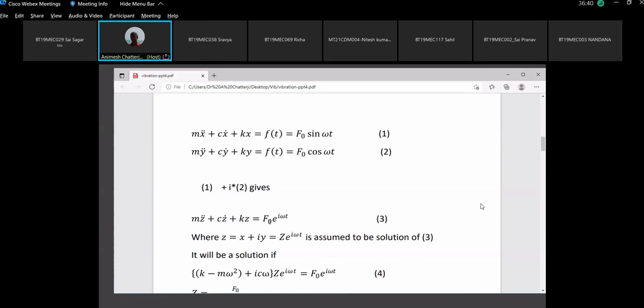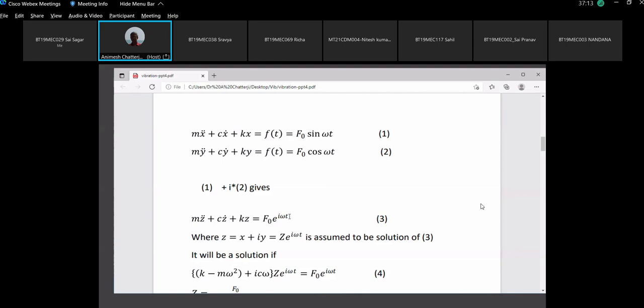Focus on these three equations: equation 1, 2 and 3. Equation 3 comes from equations 1 and 2. But every variable here is complex. Z is a complex displacement because it is x plus iy, and the excitation is a complex force because of e to the power I omega t.